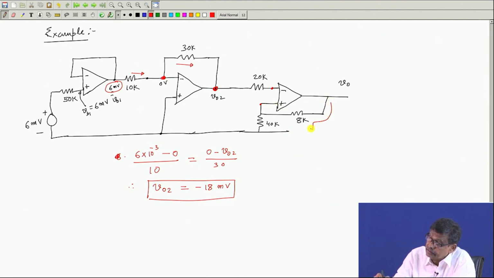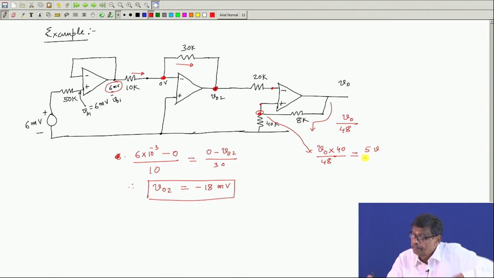So, current in this path will be V naught by 48, and potential of this point will be V naught by 48 into 40, is it not, and that is 5 V naught by 6, so much volts.